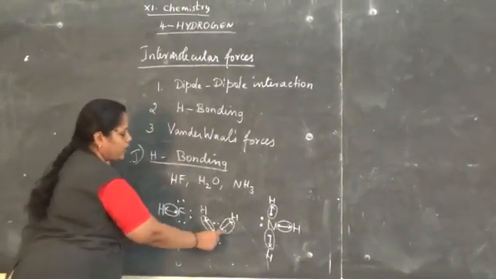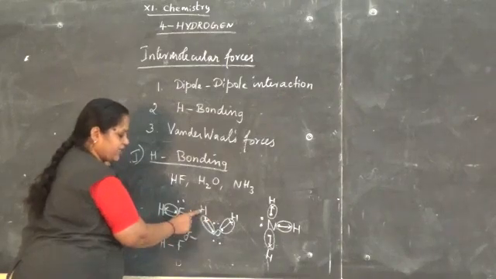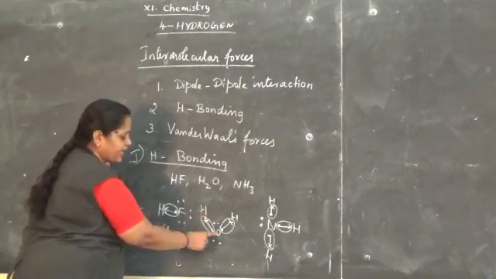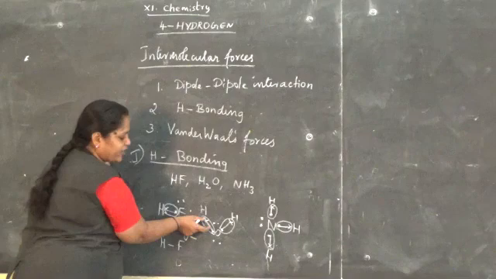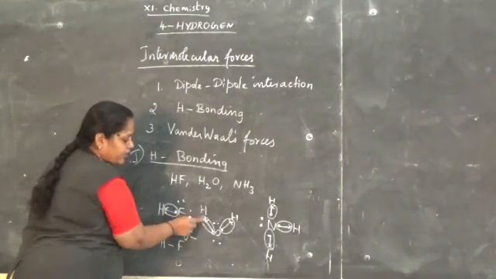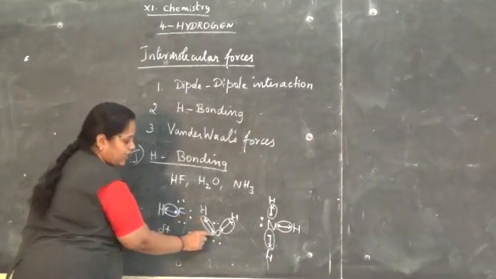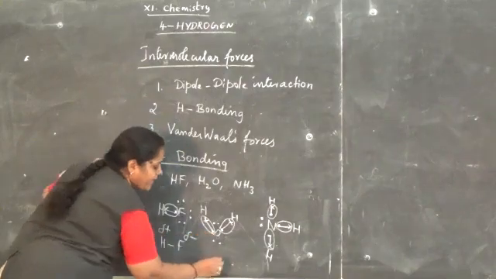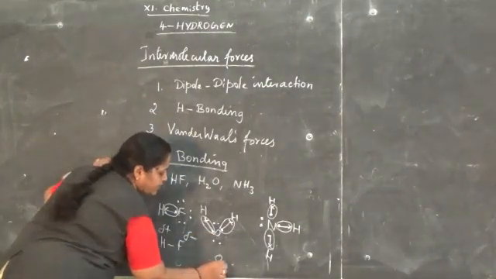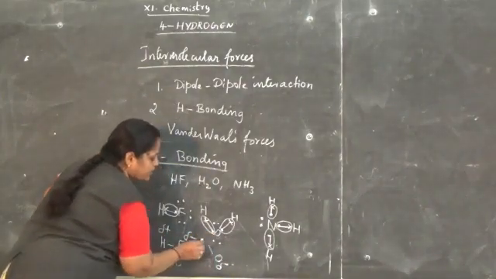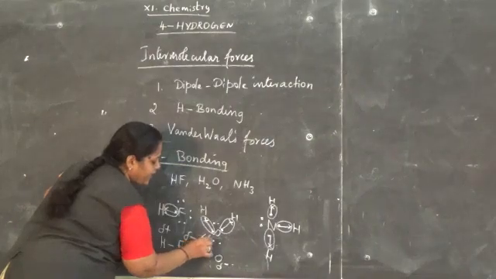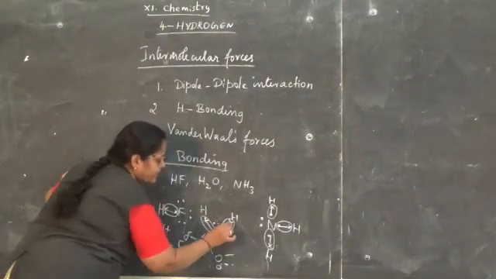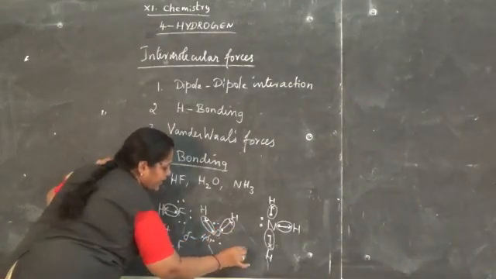Similarly, in the water molecule, compared with hydrogen, oxygen is a highly electronegative atom. That's why it attracts the shared pair of electrons towards itself. That's why it carries a partially negative charge. At the same time, hydrogen carries a partially positive charge. This hydrogen also carries a partially positive charge.